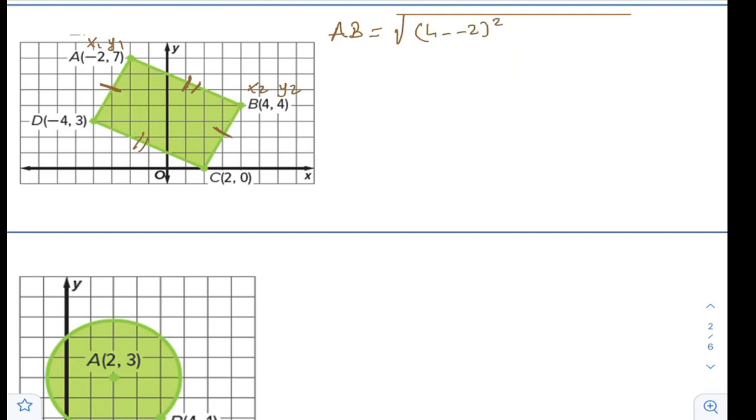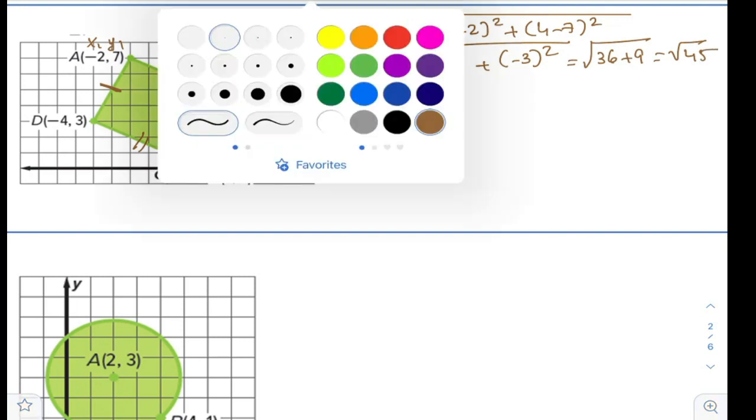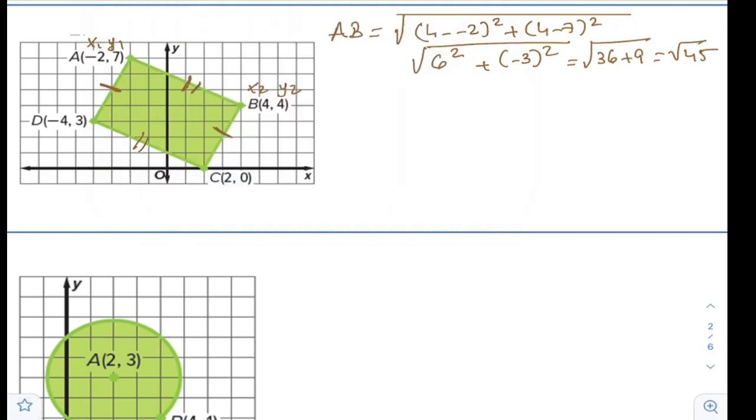Be careful with the minus signs. This is AB. Then we will find, for example, BC, you can find whatever, or AD, one of them, one length, one width.